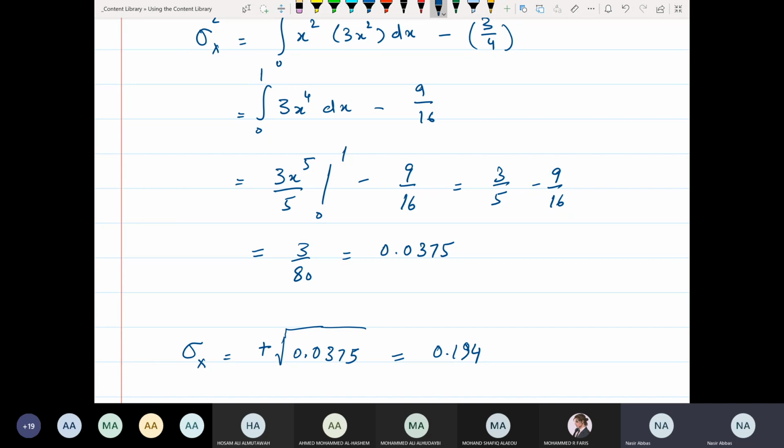Now let me look into the formula sheet and see what notation I used for capital F of x.